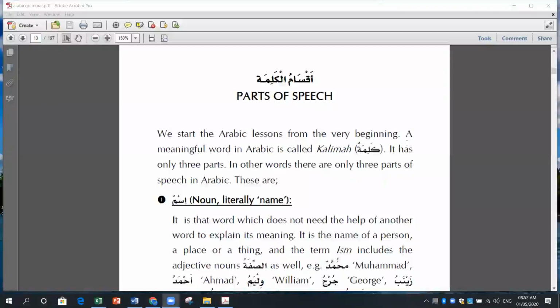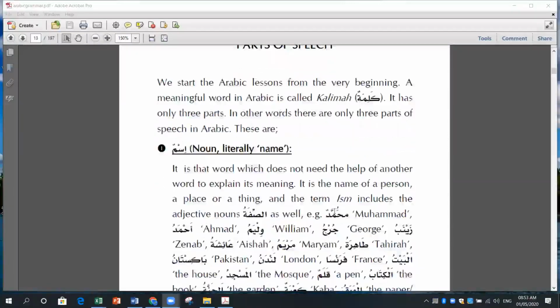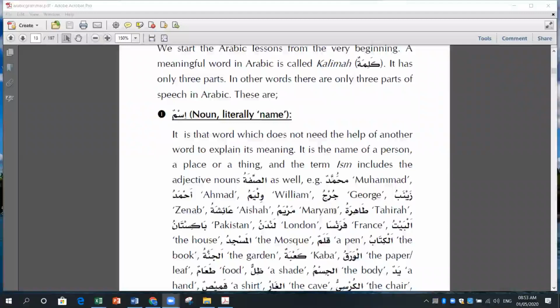Nouns are the names of things, persons, places. We will discuss in detail later, but for now there are two categories: proper nouns and common nouns, ism nakira and ism ma'rifa. Ma'rifa is proper noun, nakira is common noun.